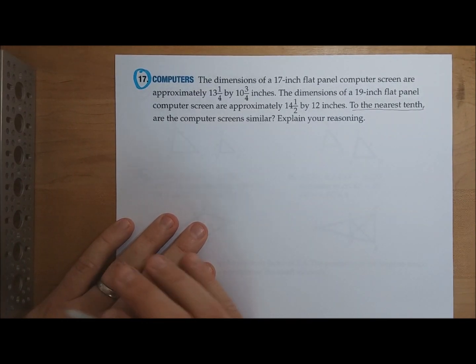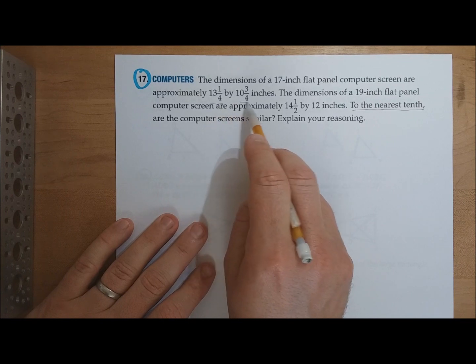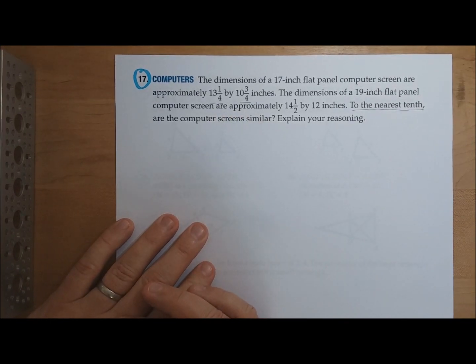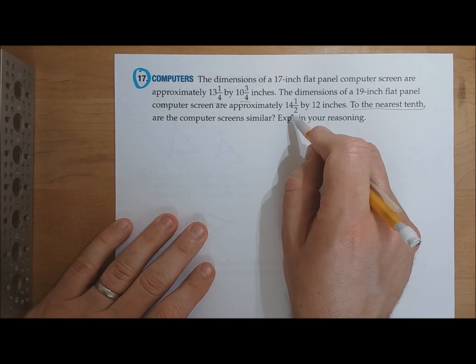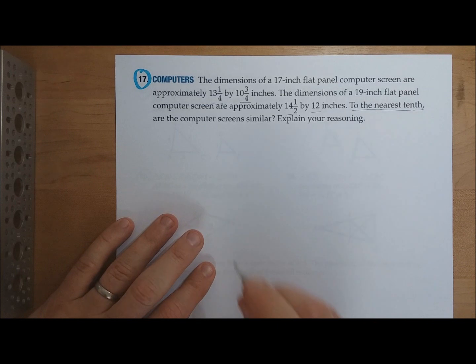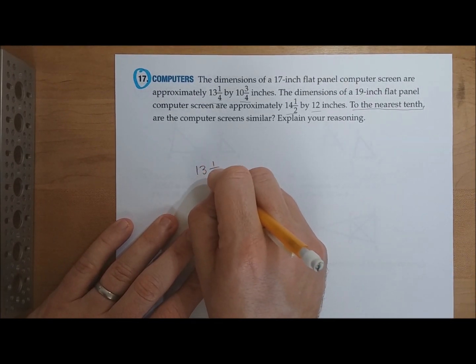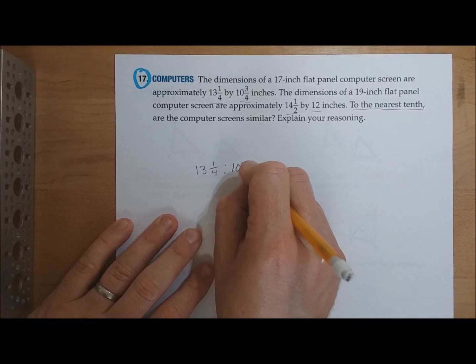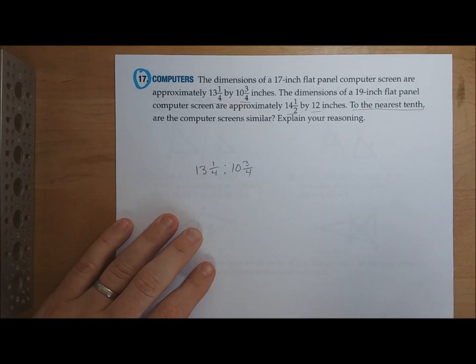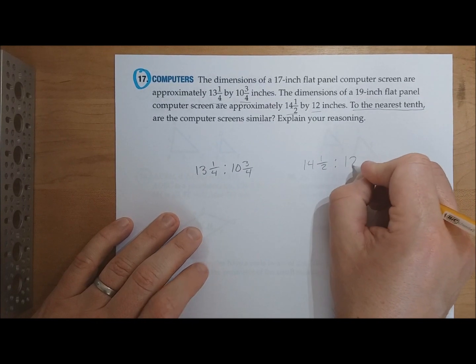So here's what we would do. We would basically compare the length to width in this screen and see if it's the same ratio as the length to width in this screen, at least to the nearest tenth. So in other words, if these are similar, then 13.25 to 10.75 should be the same ratio as 14.5 to 12.